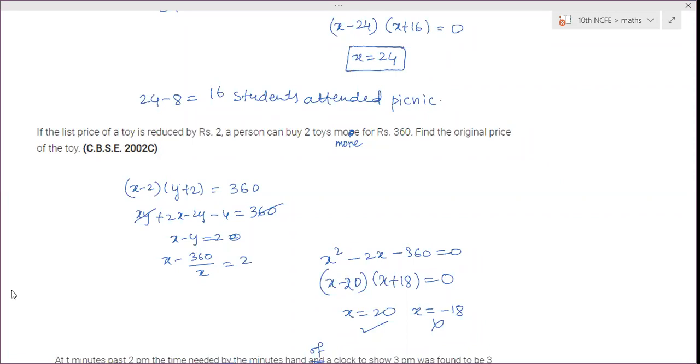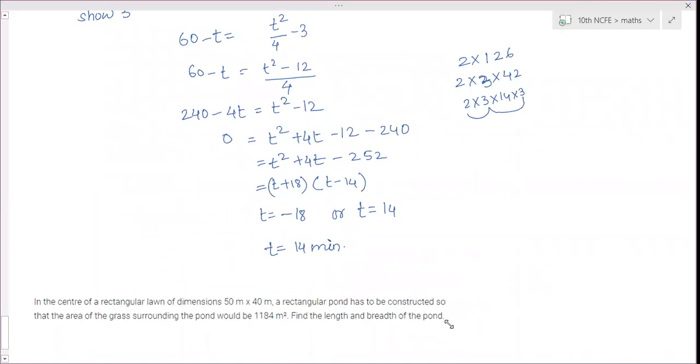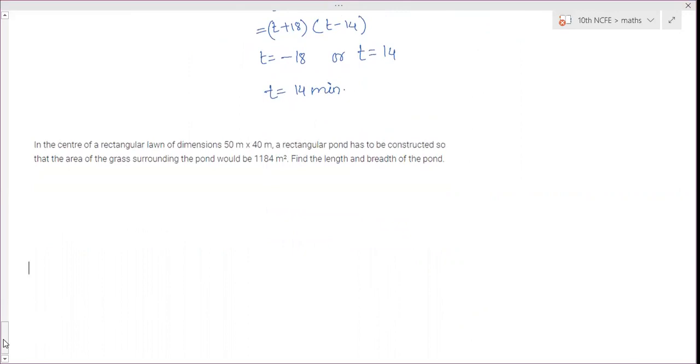In the center of the rectangular lawn of dimensions 50 meters into 40 meters, a rectangular pond has to be constructed so that the area of the grass surrounding the pond would be 1184 meters square.